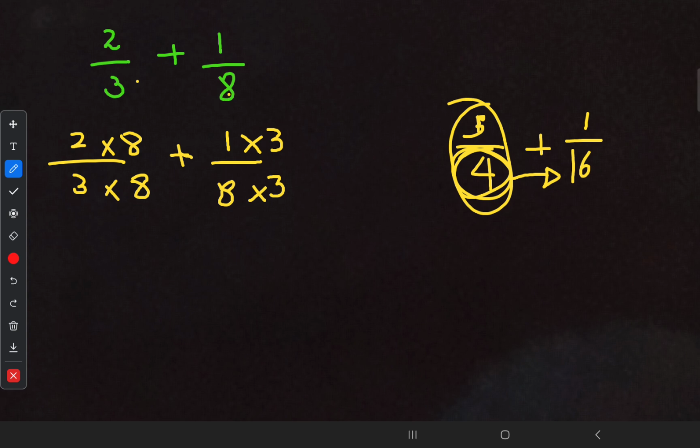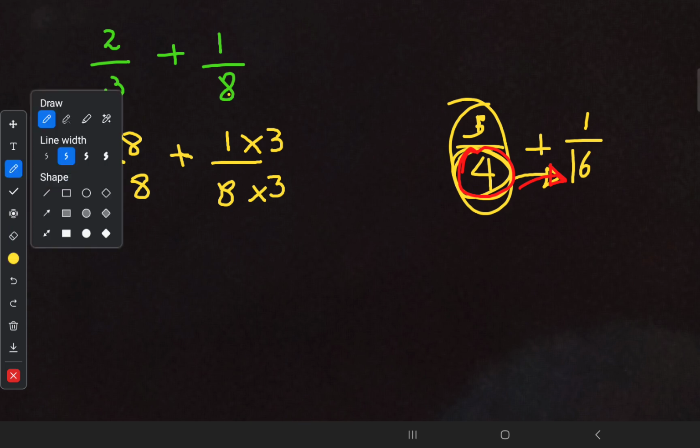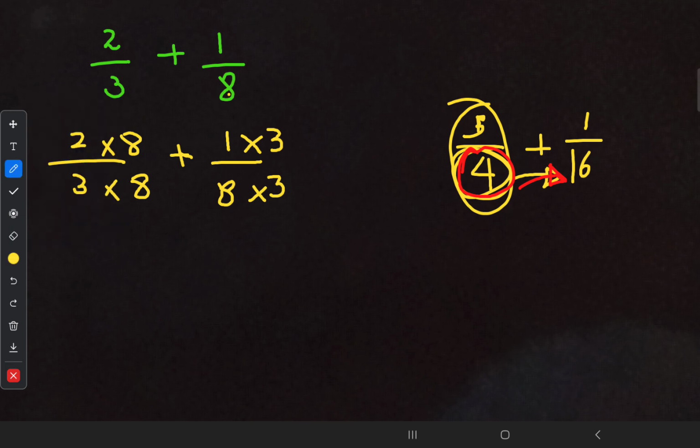Why are we doing it like this, not like the previous one? In the previous case, 4 could be converted to 16, but here there is no possibility to convert 3 to 8. That's why we multiplied the first fraction by the other denominator, 8, and similarly the second fraction by the previous denominator, 3.